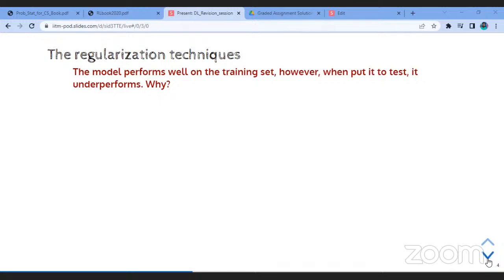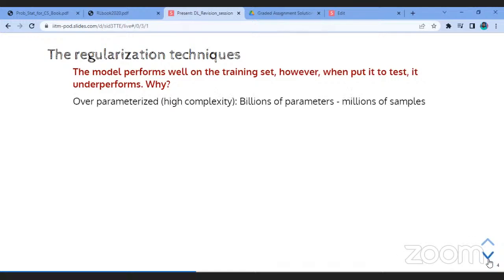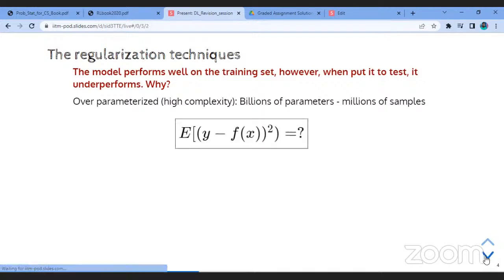In a similar way, one quantity we try to find is complexity, since deep learning models usually have billions of parameters but only millions of samples. There are a variety of ways to measure complexity, but here we take the parameters of the model to measure it. We will come to that later.